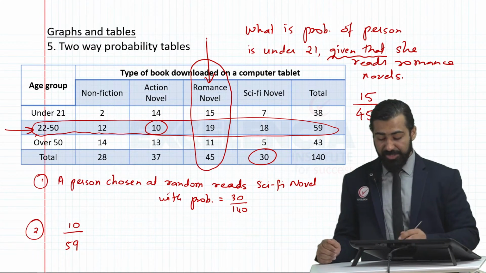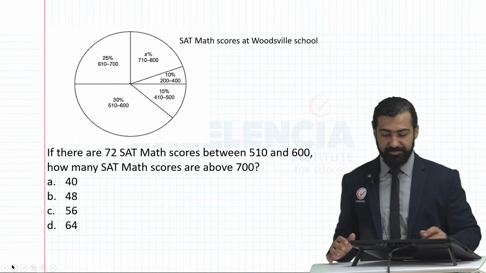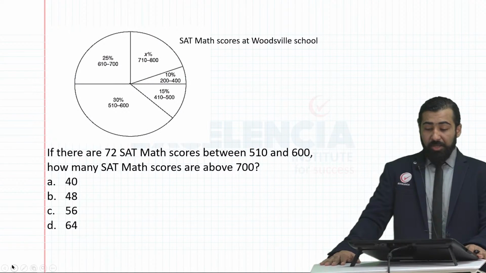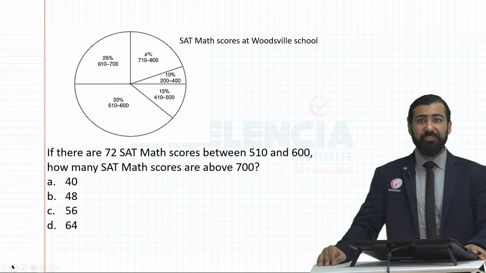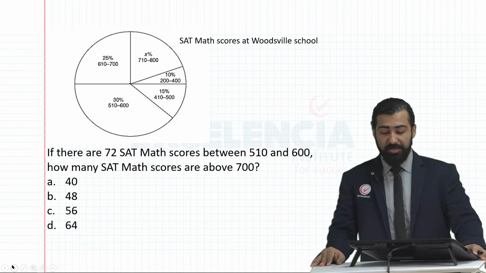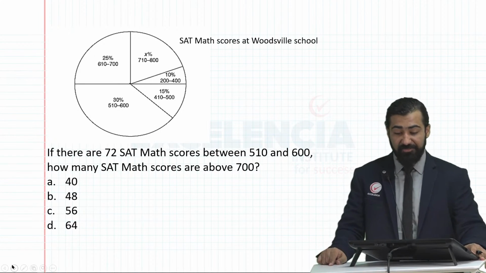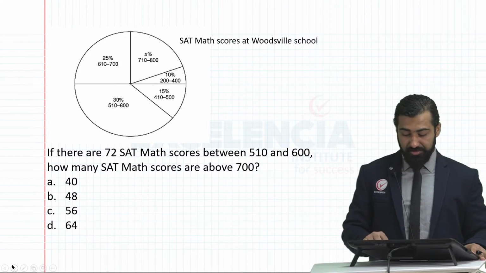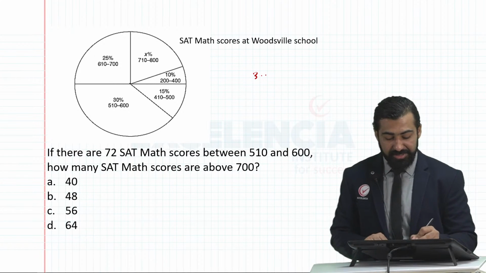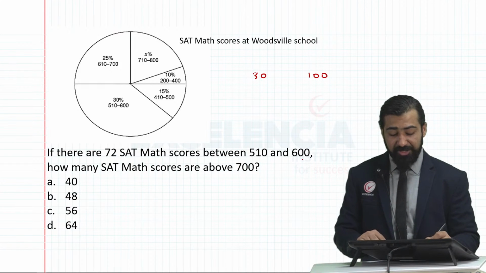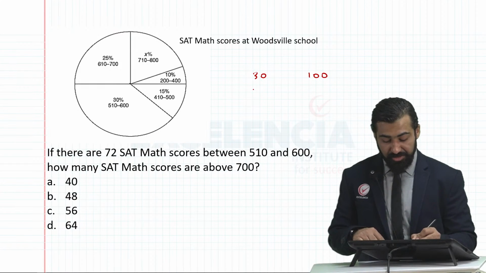Okay, let's look at questions based on all of this which we covered. This is a simple circular graph rather than a pie. So, if there are 72 SAT math scores between 510 and 600, which is 30%, here I'm writing 100%.